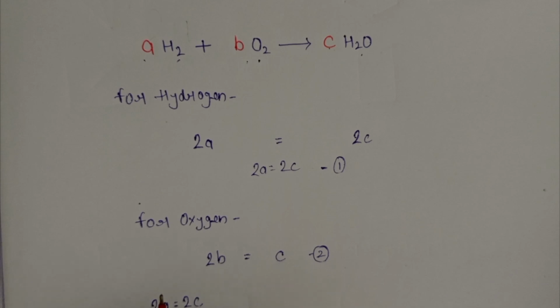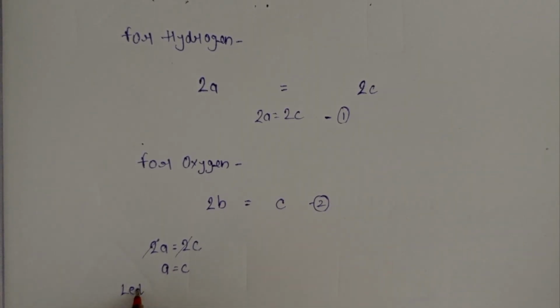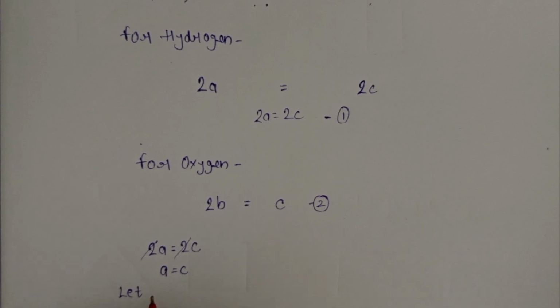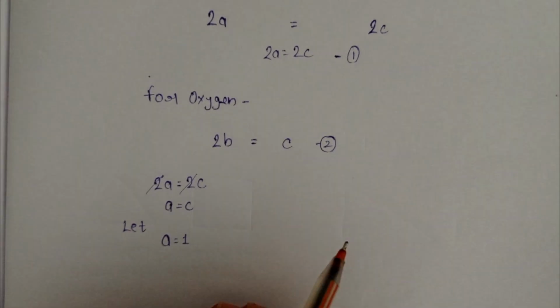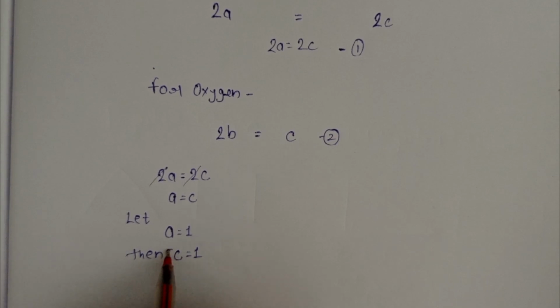We can cancel the 2 here, which means A is equal to C. We can choose A or C. I'll choose A. Let's suppose A is equal to 1. It means if A is equal to 1, then C is also 1.